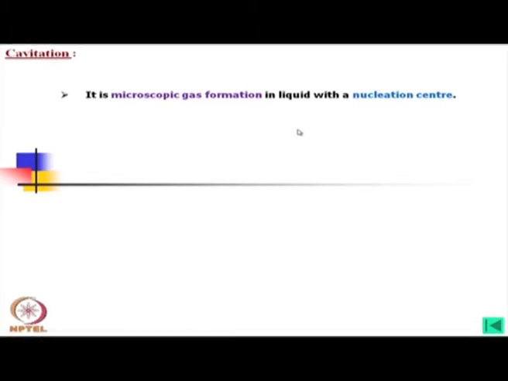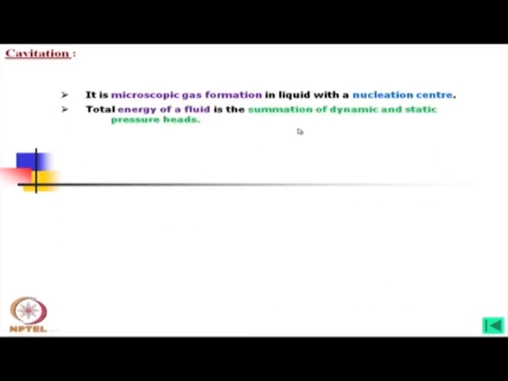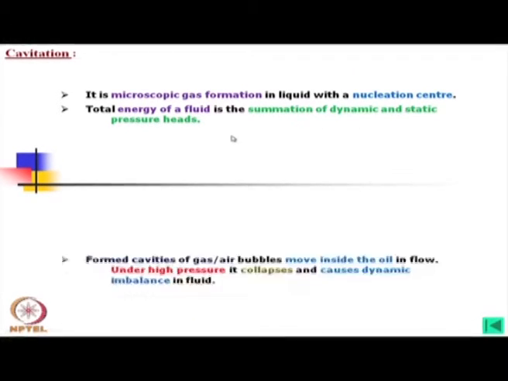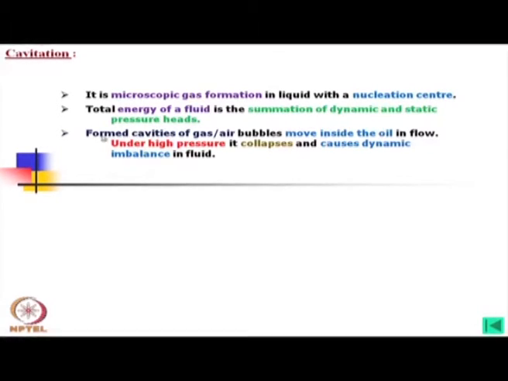Now, under pressure, those air particles form a bubble, and the total energy of fluid is the summation of dynamic and static pressure heads. Then they form cavities of gas by air bubbles that move inside the oil in flow under high pressure. It collapses and causes dynamic imbalance in the fluid.